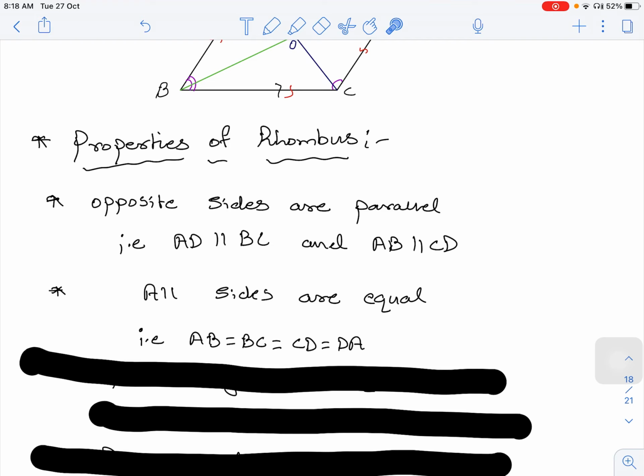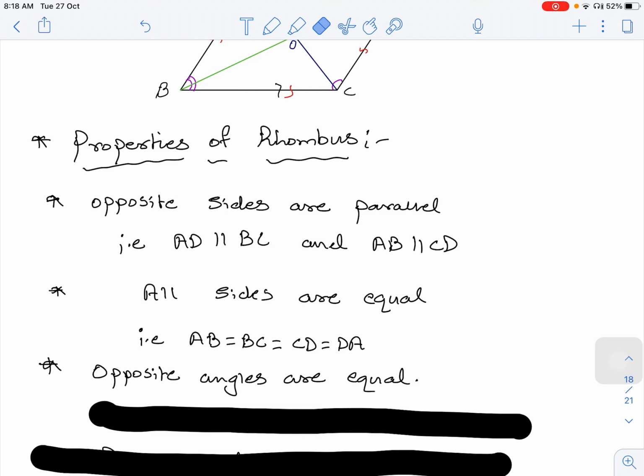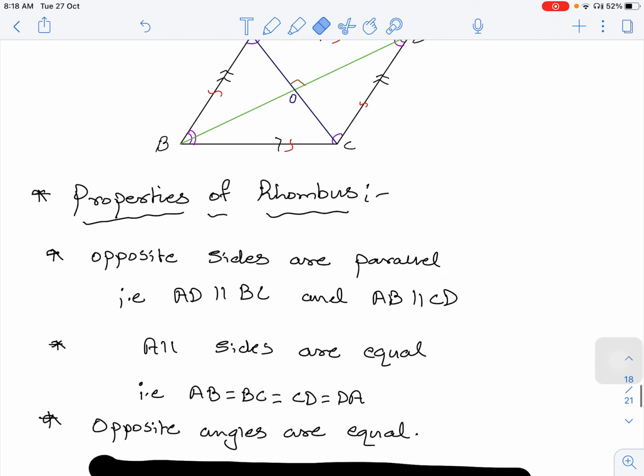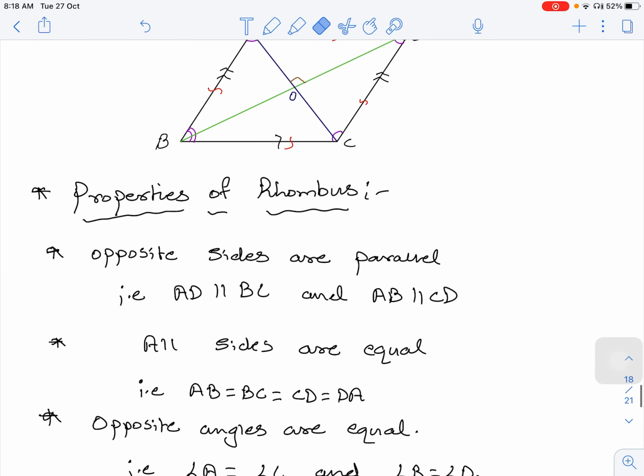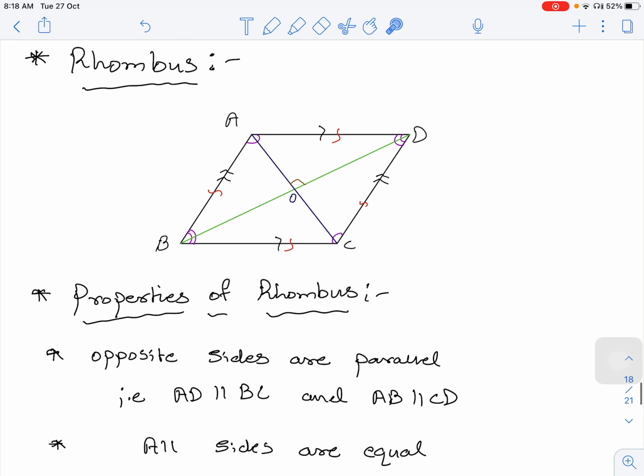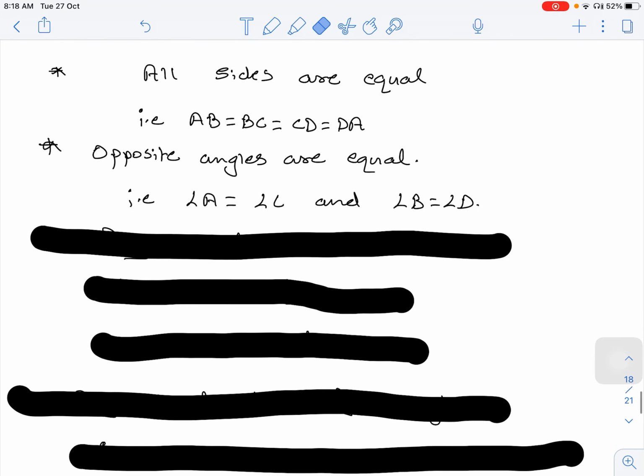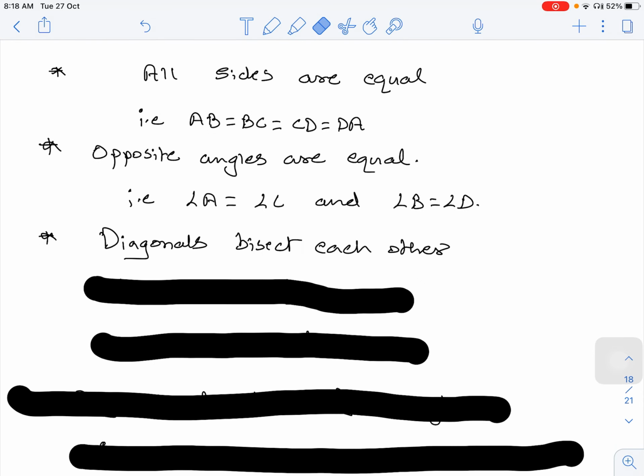Now this is a special property of a rhombus. Okay. Now the next property is that opposite angles are equal. That is a property of a parallelogram. Okay, so we can say that in this figure angle A is equal to angle C and angle B is equal to angle D. Okay, now the next one, the diagonals bisect each other.